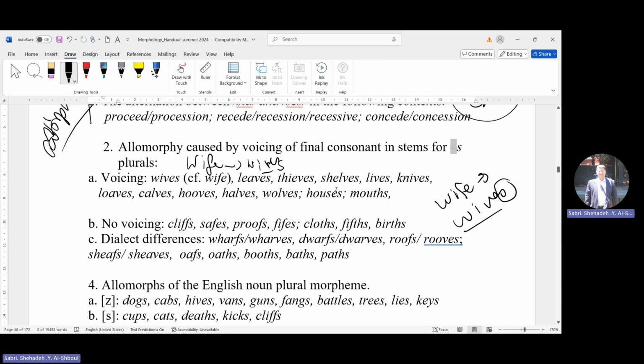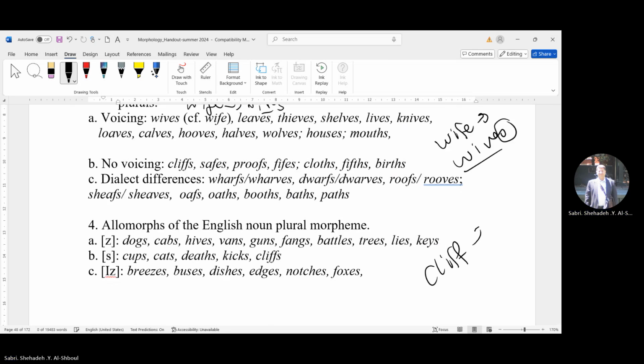So here we notice, dear students, that it is the change of allomorph, as in cliff, cliffs. So we have cliff becomes cliffs, not clives, right?